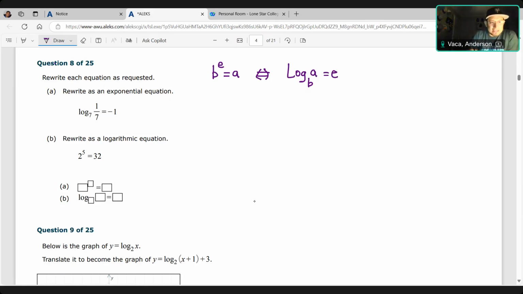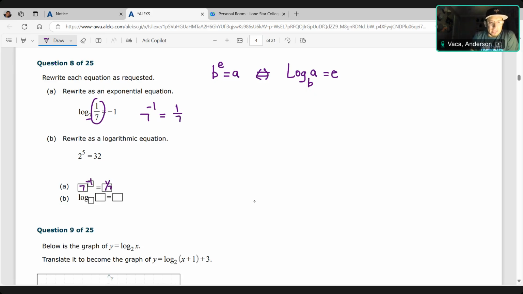So to write this as an exponential equation, here's the base 7 raised to the exponent negative 1. That's equal to 1 over 7. Here they want, oh, so they want us to put the answer here. Okay, fine.